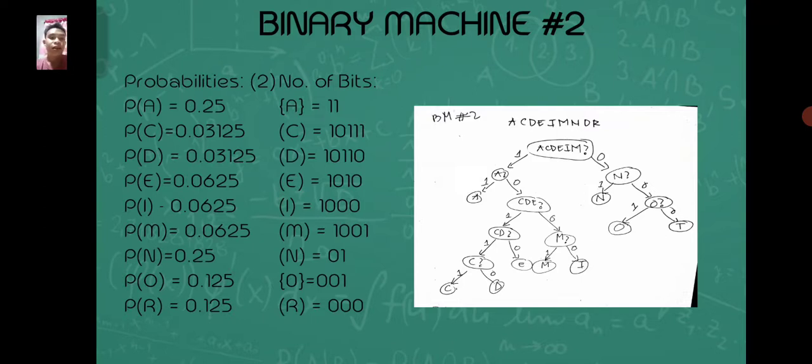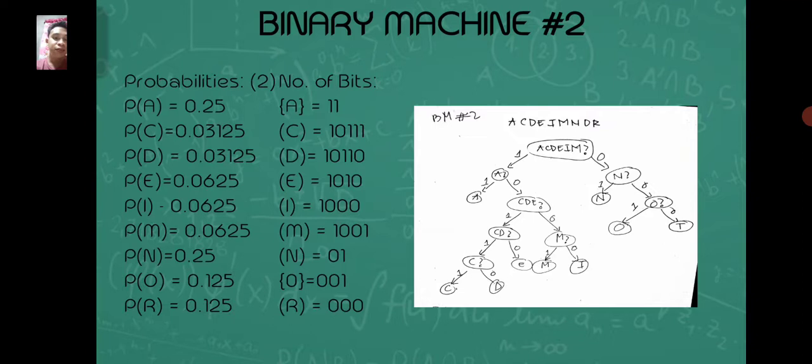The bits of letter E are 1010, and the probability is 0.0625.